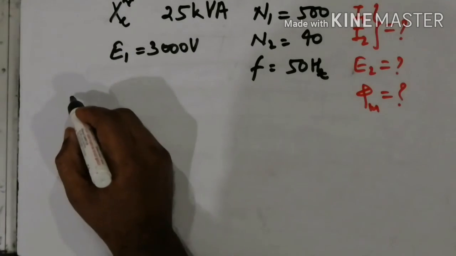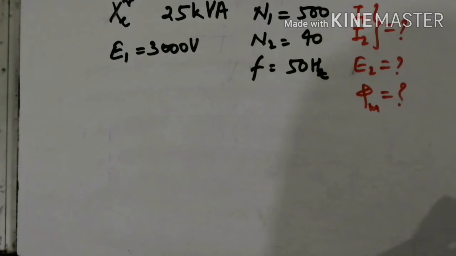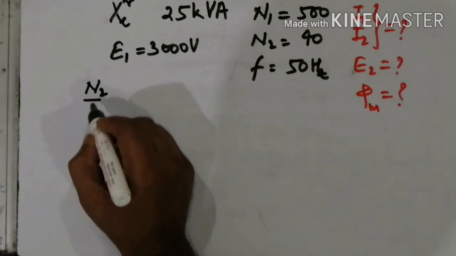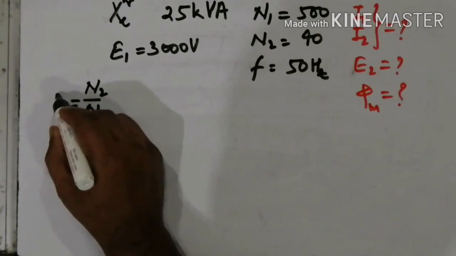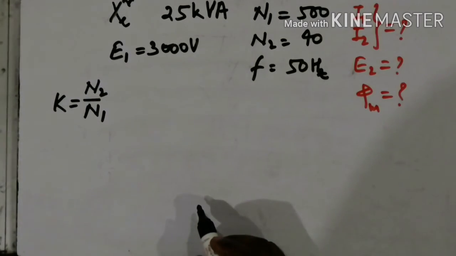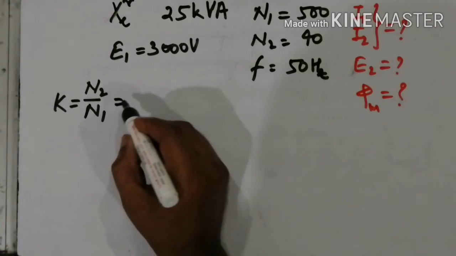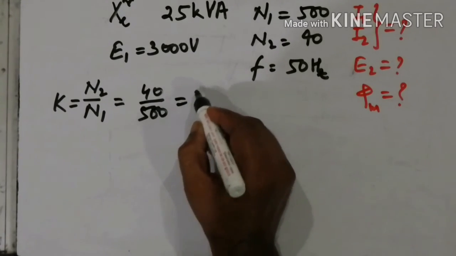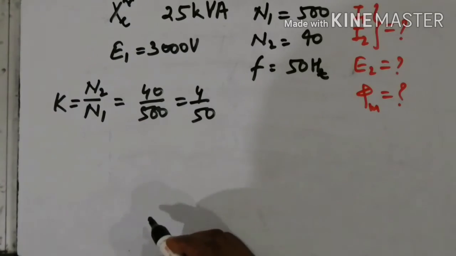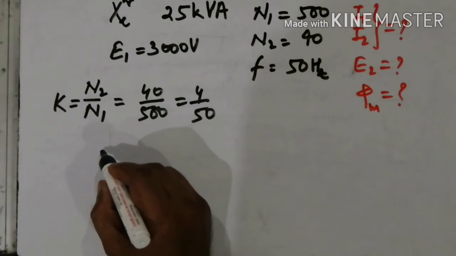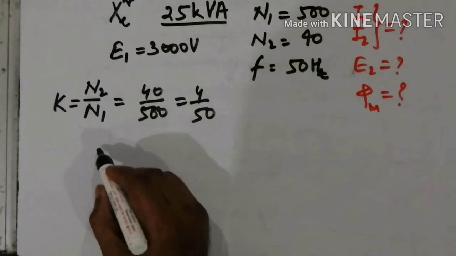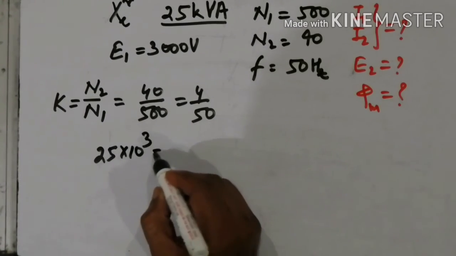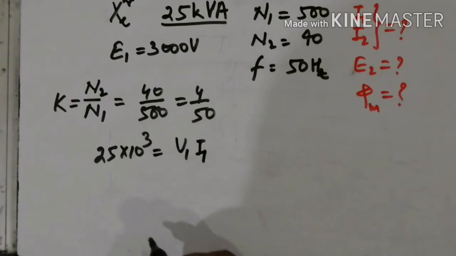Now see the solution. N2 upon N1, which is nothing but the transformation constant, is 40 divided by 500, it is 4 upon 50, and the volt ampere rating, that is 25 into 10 to the power 3, is equal to V1 I1.